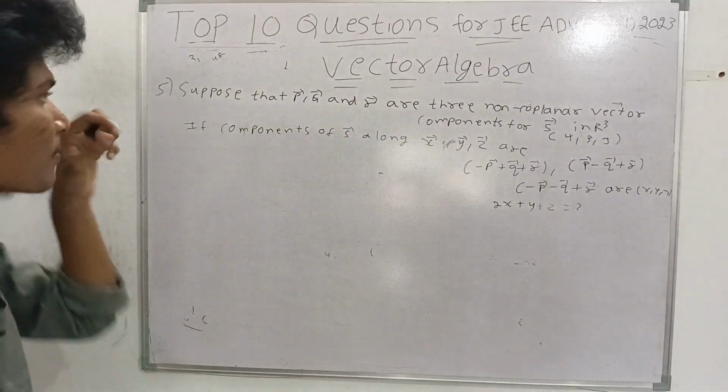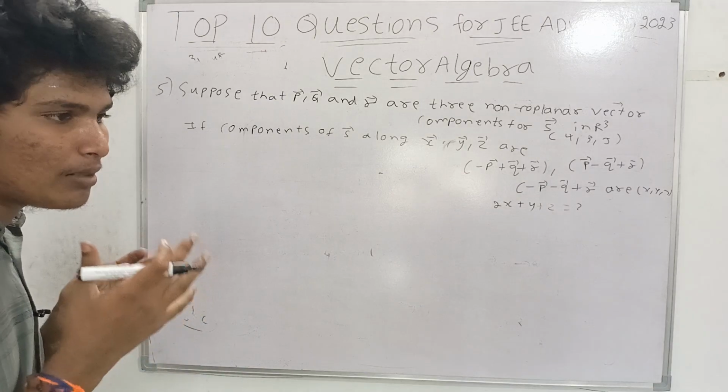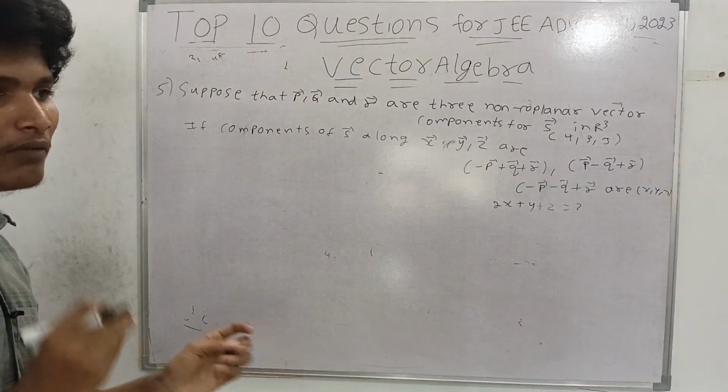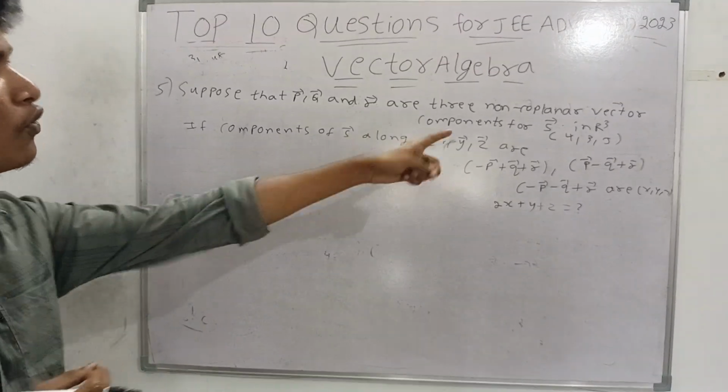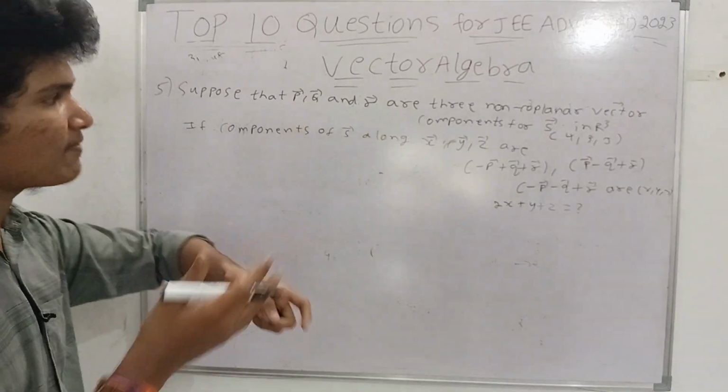Very important question, guys. They are saying S vector is a vector. When P, Q, R are the vectors and the components are 4, 3, 5, and this S vector is also along x, y, z.